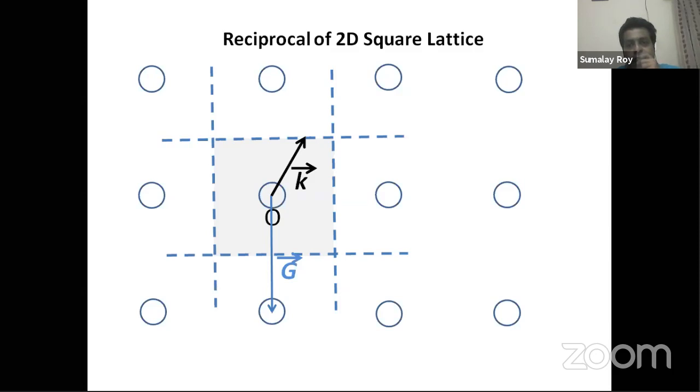Okay. Now tell me, there is one G vector I have drawn. What is the component of this K vector on this G vector? Can anybody tell me? The equation we have for the Bragg reflection or Laue diffraction was 2 K dot G plus the magnitude of G squared is equal to 0. Now what is K dot G in this case?